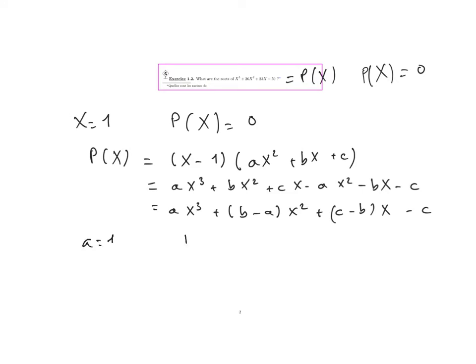Then b minus a is equal to 26, so as a is 1, b is equal to 27. c minus b is equal to 23, so c is equal to 23 plus b, 23 plus 27, so this is 50.